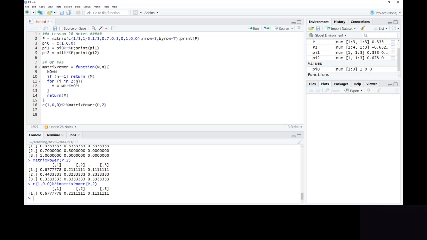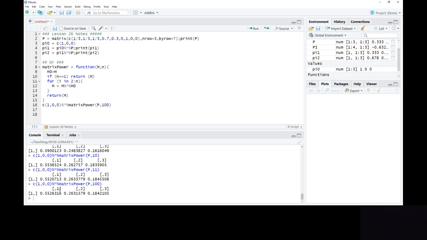Okay, so that works. So if I wanted the 3rd power, the 4th power, if I wanted the 10th power, all right, what's happening as I'm making this bigger and bigger and bigger? Maybe to the 100th power. All right, so we see that the probabilities are going to some number, and they're not changing.